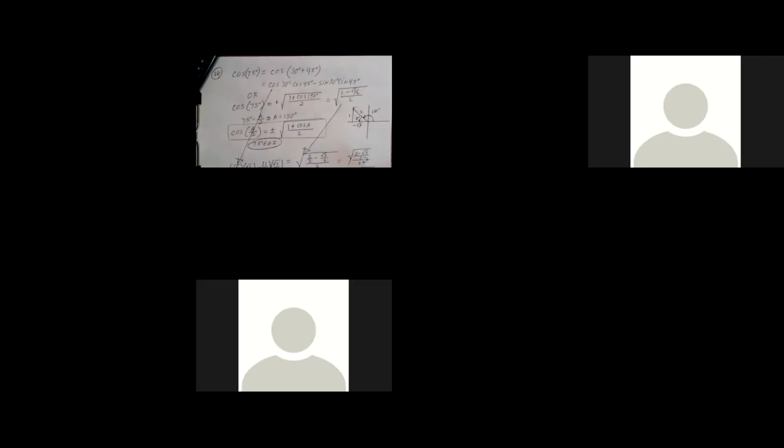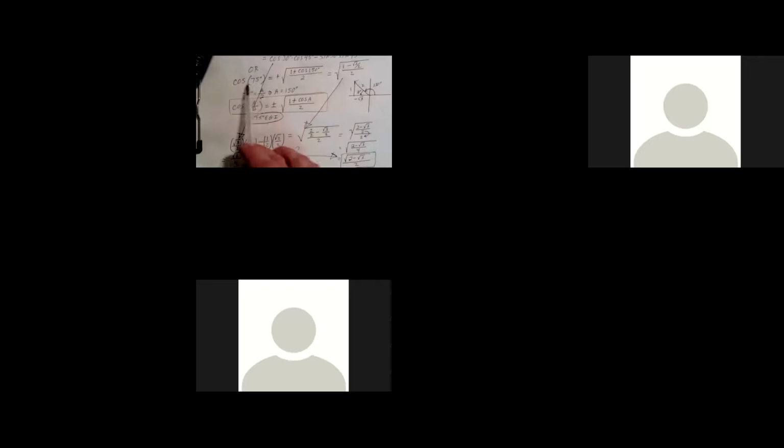Equal. They're equal. They sure don't look like it. They don't look at all like they're equivalent to each other, but they are. So whether you do this problem using your sum identity for cosine, or using your half angle identity for cosine, either way, this answer is going to be the same as this answer here.